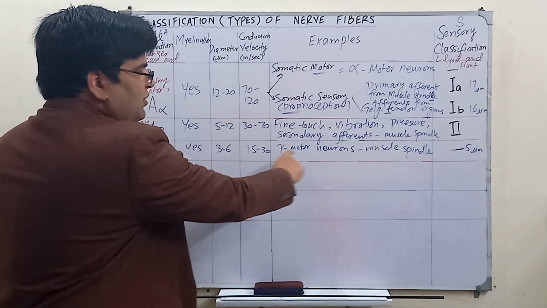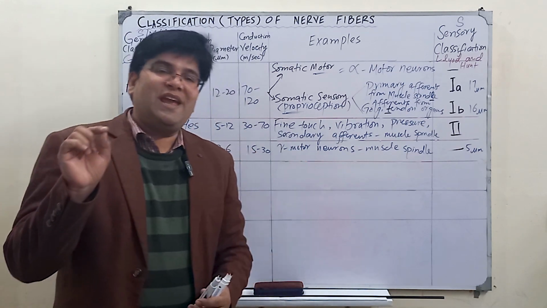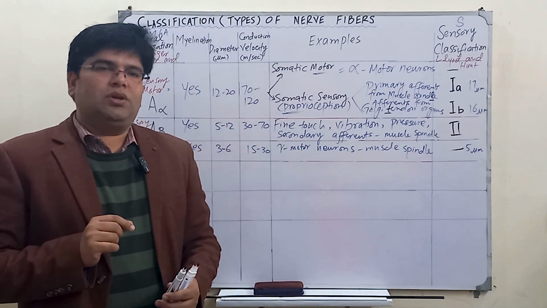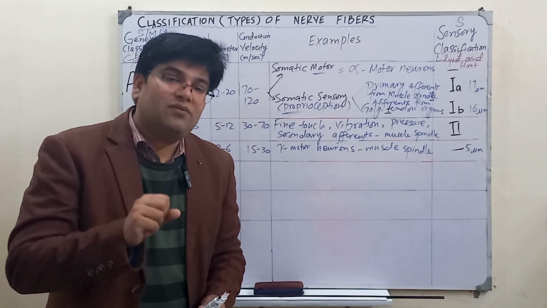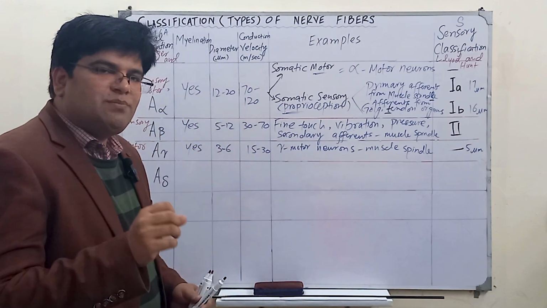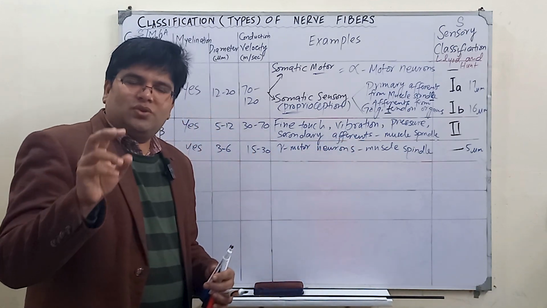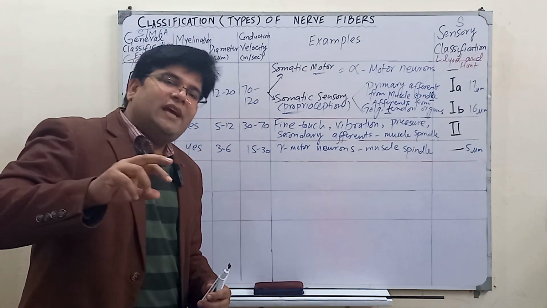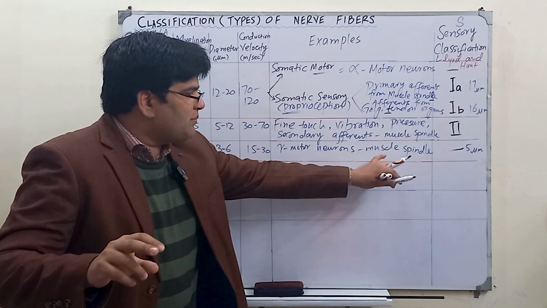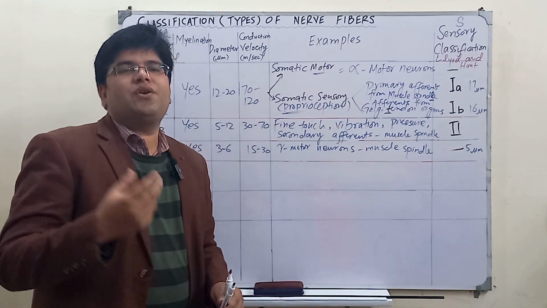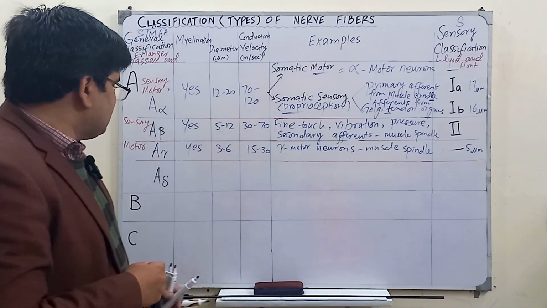So these gamma motor neurons are involved in maintaining the tone of a muscle, which is the function of the muscle spindles. And because the muscle spindles' intrafusal fibers are supplied by the gamma motor neurons, by exciting the intrafusal fibers present in the muscle spindle, they control the tone of a skeletal muscle.